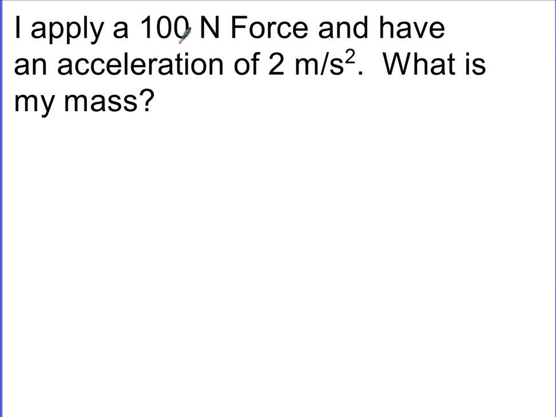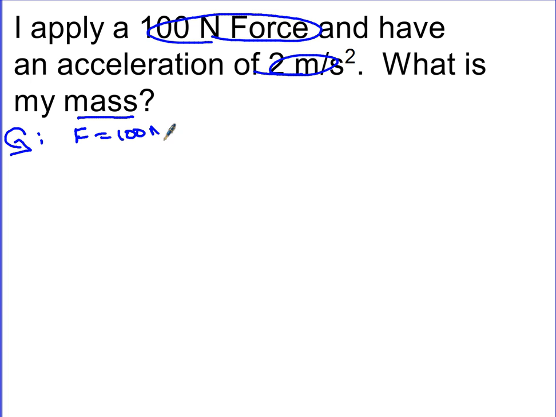Suppose in this problem I apply a 100 Newton force and I have an acceleration of 2 meters per second squared. What's my mass? Well, let's use GUESS on this. The givens are the applied force is 100 newtons. The acceleration is 2 meters per second squared. The unknown, what's my mass?